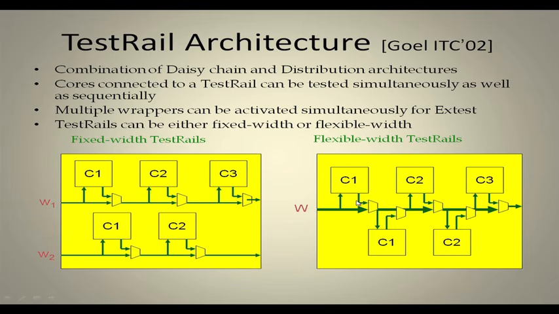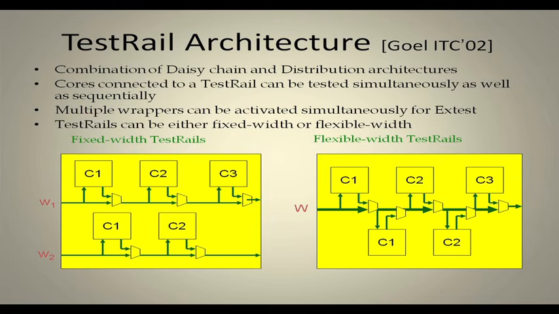Of course, in this case, maybe the preferred TAM width for C1 is not the same as the preferred TAM width of C2, but we do not have any choice. Once we have made the distribution into W1 and W2, we have to test them with this fixed width only. So the test time is going to increase compared to their best possible time.